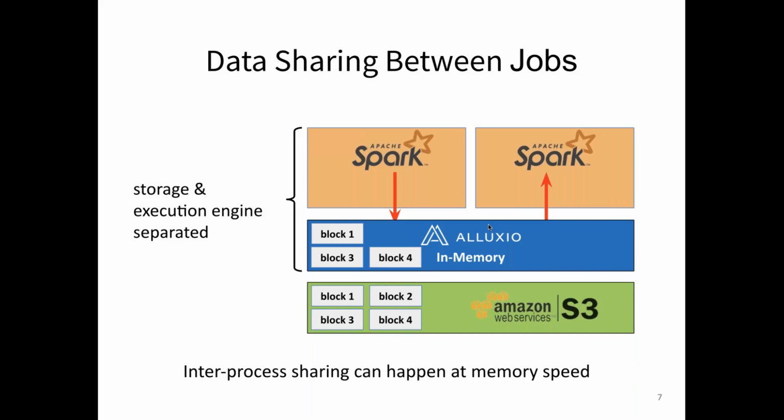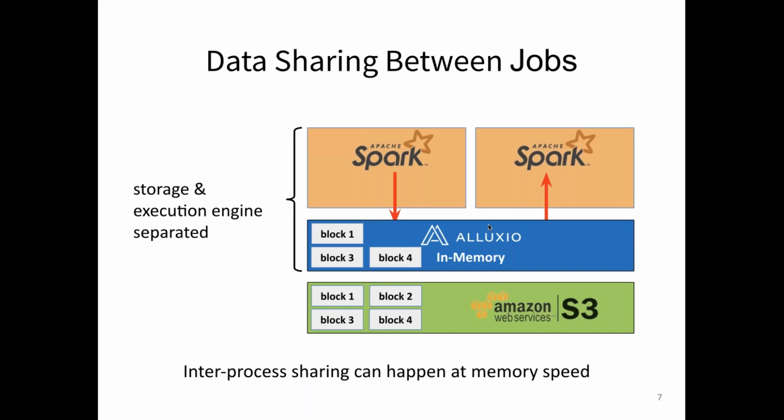It's not necessary to always be in memory, you can also allocate other storage resources like SSD to Alluxio, but in this picture, I just put in memory. So the next Spark job can just take the data written to Alluxio. This data can be very close to both Spark jobs or your computation cluster. And in this way, the data sharing can be very efficient.